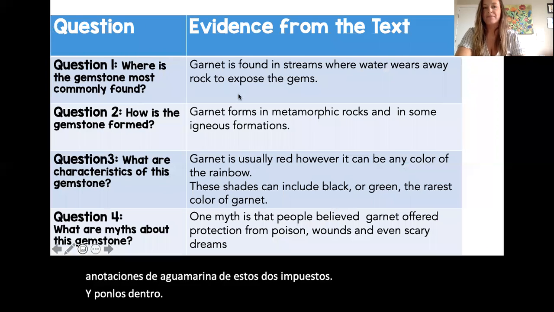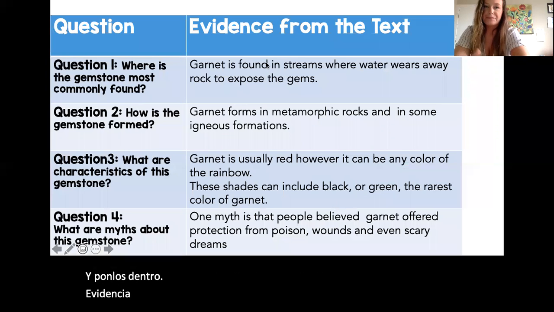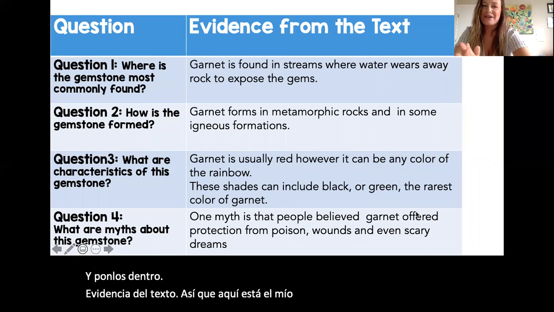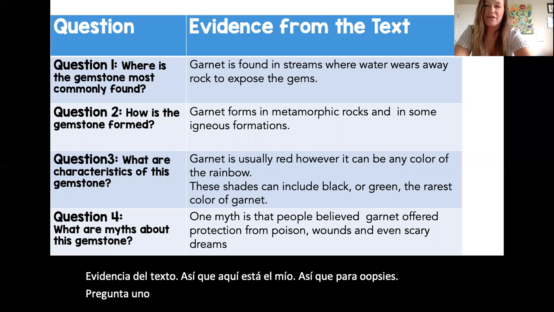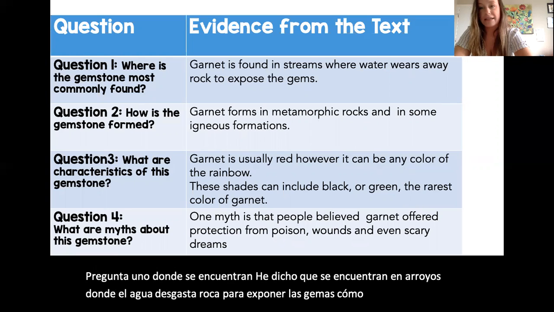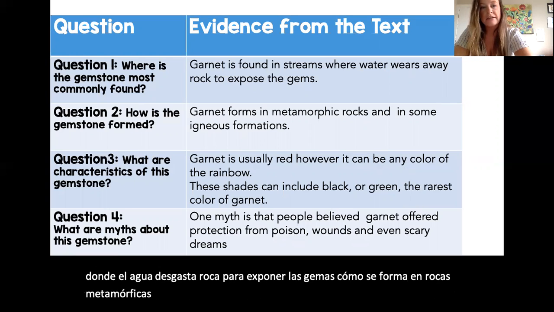So here is mine. For question 1, where are they found? I said they are found in streams where the water wears away rock to expose the gems. How is it formed? It forms in metamorphic rocks and in some igneous formations. What are characteristics of the gemstones?